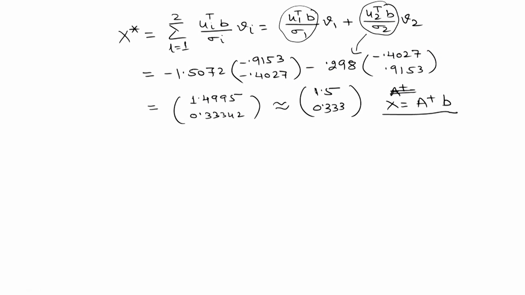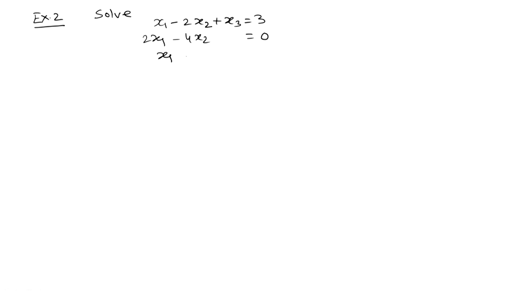Now, take one more example where we are having 0 determinant of the matrix A. So, example 2, solve x 1 minus 2 x 2 plus x 3 equals to 3, 2 x 1 minus 4 x 2 equals to 0, and then x 1 minus 2 x 2 plus 3 x 3 equals to 9, and find out the minimum norm solution, means least square approximation of this system.